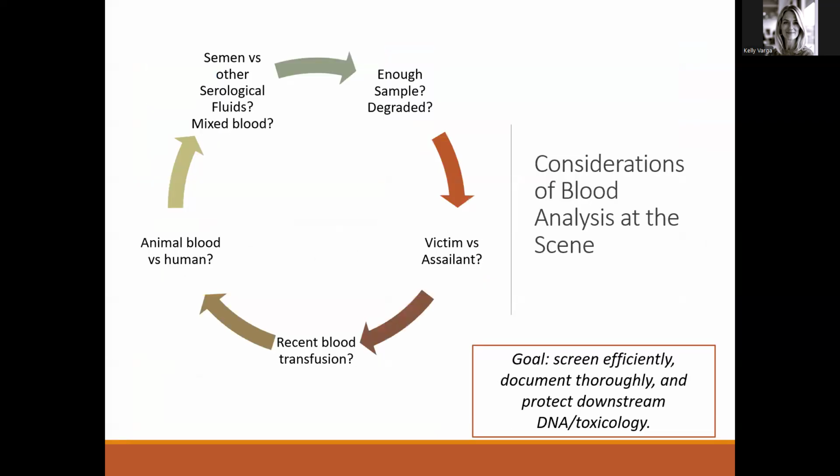Okay, I'll end with this one and then we'll pick up with the chemistry of blood and how we detect it in a minute. So, as we move into this next set of slides, again, we need to consider how best are we going to collect the blood? How best are we going to analyze this blood?